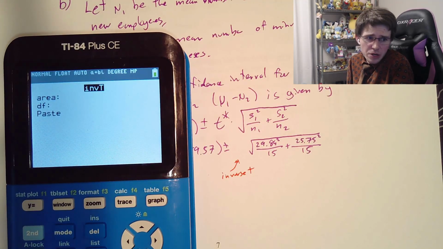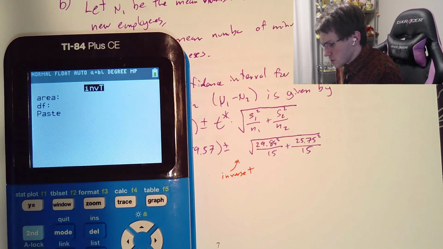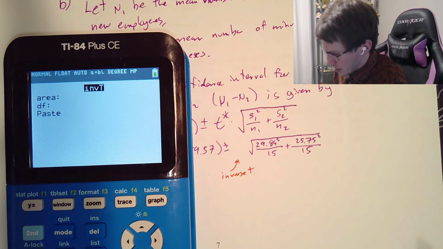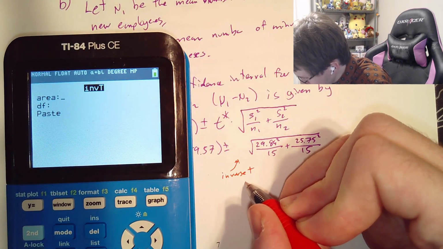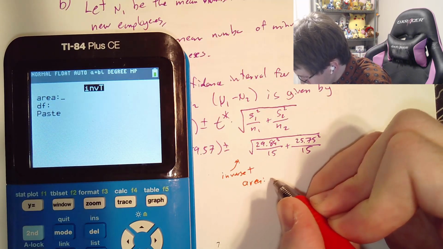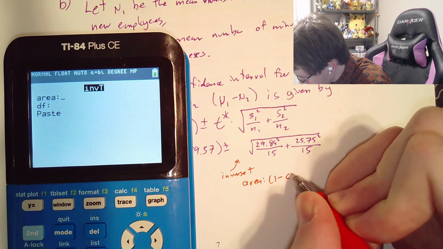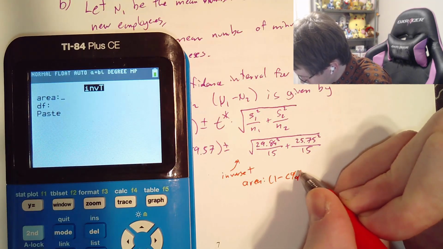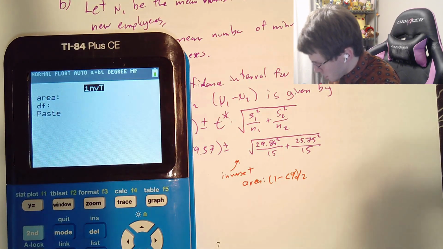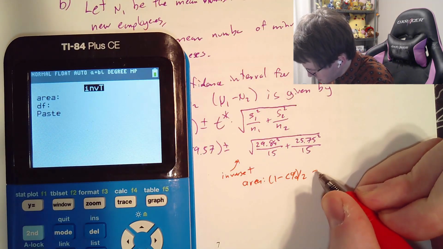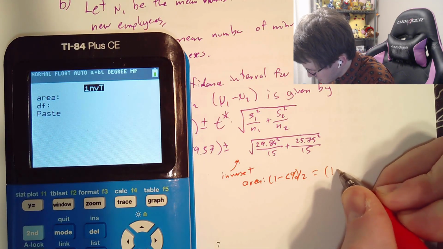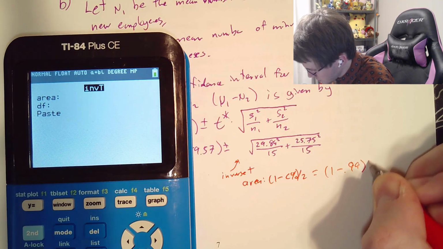Since it wants a confidence interval, our area is 1 minus our confidence percentage, all over 2, which in this problem is 1 minus 0.99 over 2.